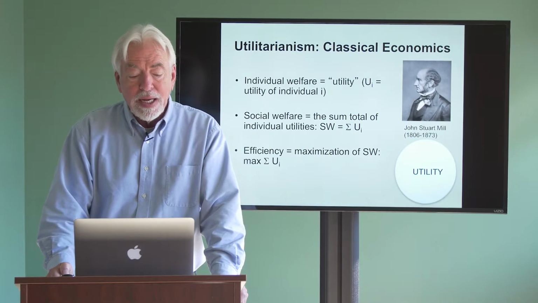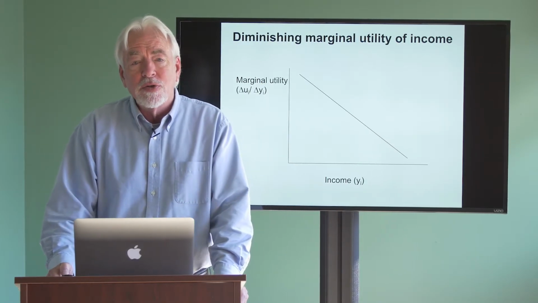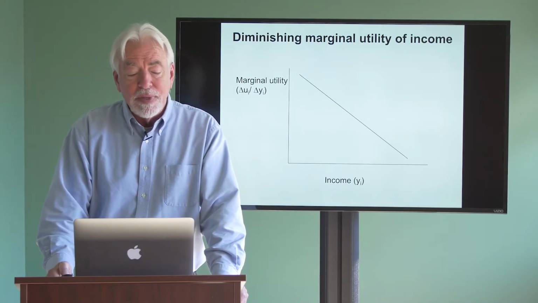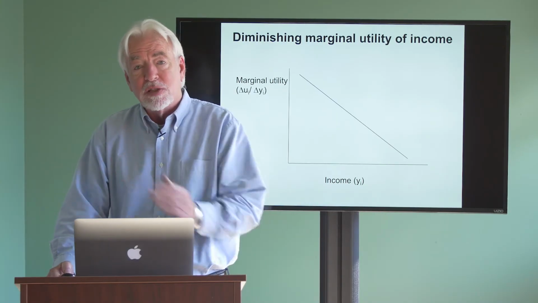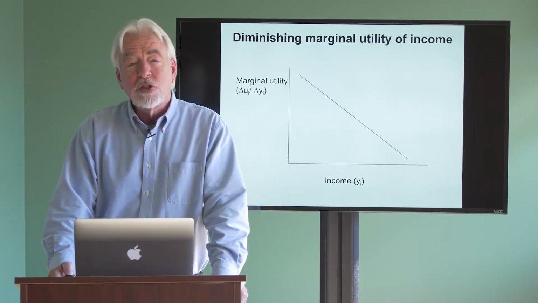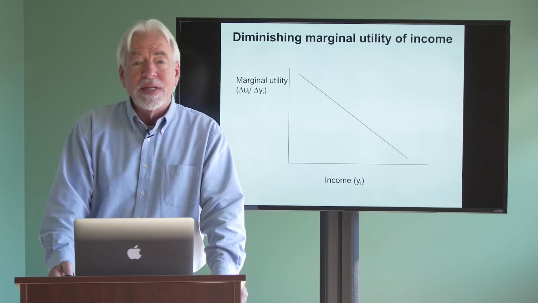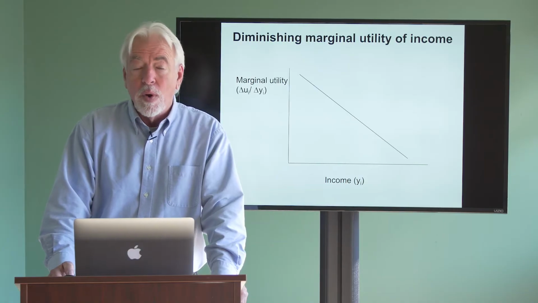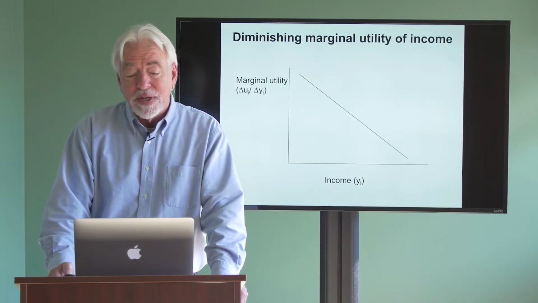When you combine that notion with another proposition that entered into economics later in the 19th century, the notion of the diminishing marginal utility of income, the notion that as a person gets more and more dollars, the extra utility bang that they get for the buck diminishes, that a dollar's worth less to a millionaire than it is to somebody who has a middling income, let alone somebody living below the poverty line.